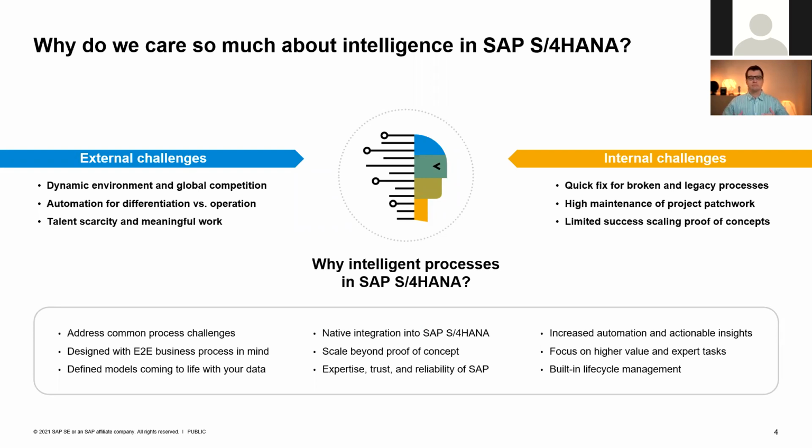So, when we talk about intelligence, when we talk about this term of an intelligent process, the question we frequently get is, first of all, why do you care so much about it, and what's actually behind that term? And it's pretty simple, right? We look at the market, we talk to our customers, we see and hear that, yes, obviously things like artificial intelligence, machine learning, robotic process automation, and so on have been quite the hype topics over the last 3-4 years. But especially when it comes to machine learning and AI, our customers tell us that, hey, we're struggling to go beyond the POC.